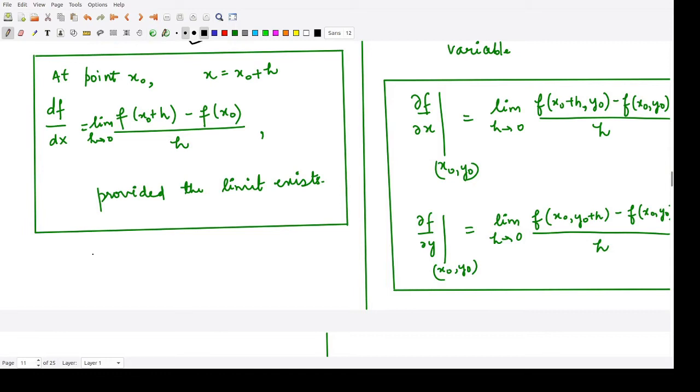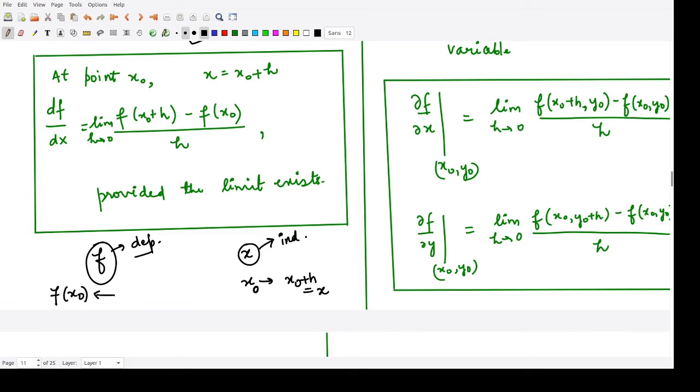Suppose you wanted to see what is the change in f corresponding to the change in variable x. x is the independent variable, and f is the dependent variable. So whenever you wanted to see what is my derivative at this point x naught, you change x naught to some neighboring point x naught plus h, which we call as x, okay, so you see what is the change in my function.